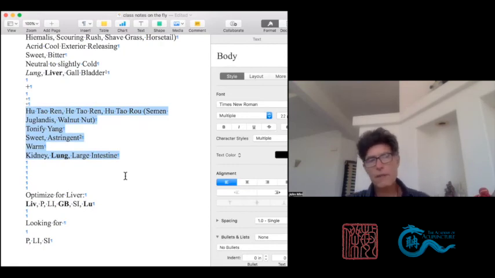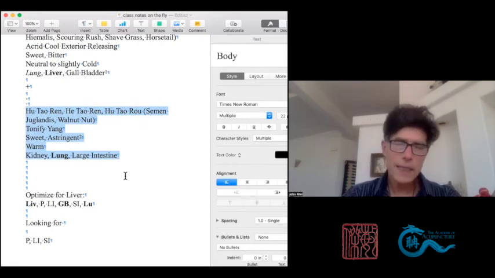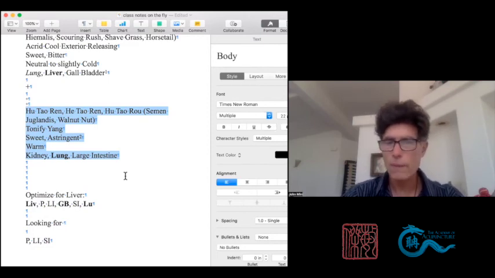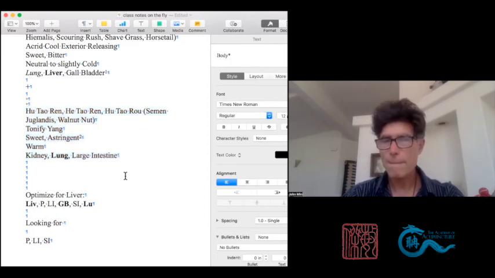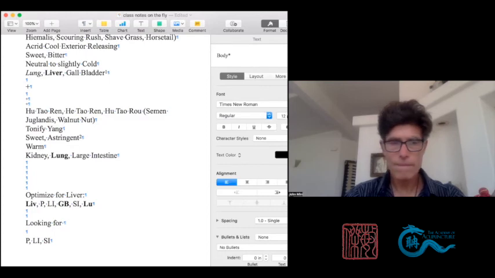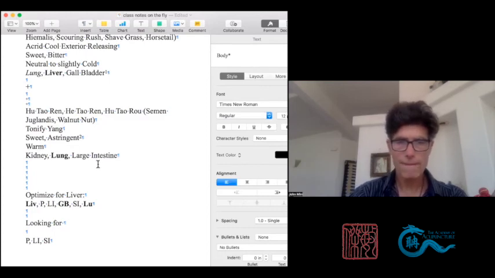That's for some yang deficiency, but basically tending to heat in the same kind of a situation, but he's yang deficient also. Okay. Here we're stacking the lung, and everything else is working independently. With the gallbladder. That plus the Hutaren is being that large intestine. That's going to be helping that food to open up and dump it out.